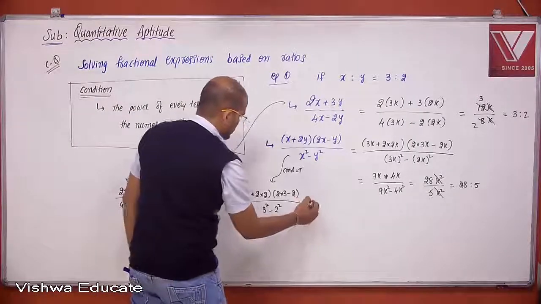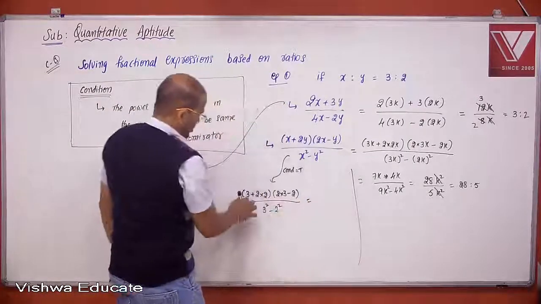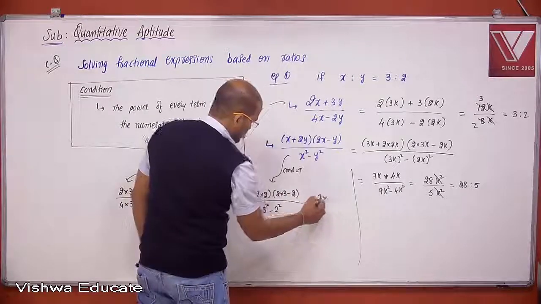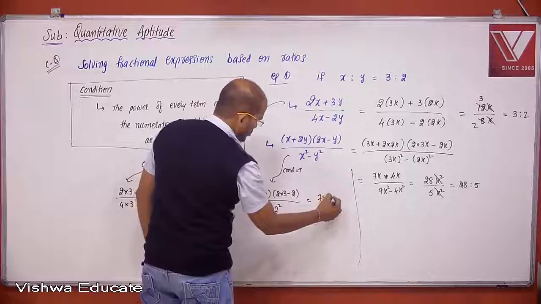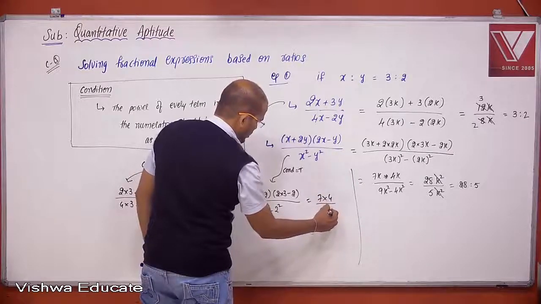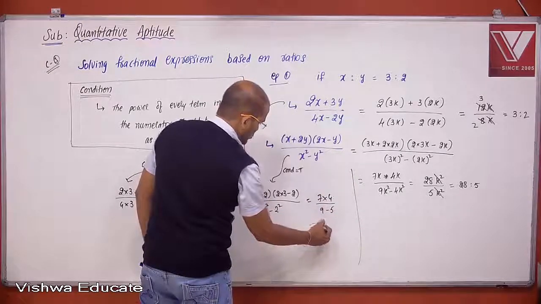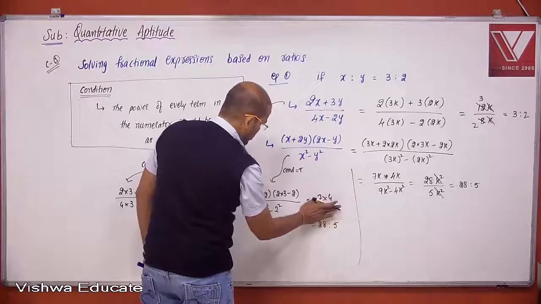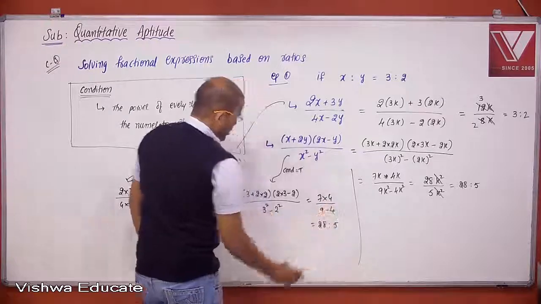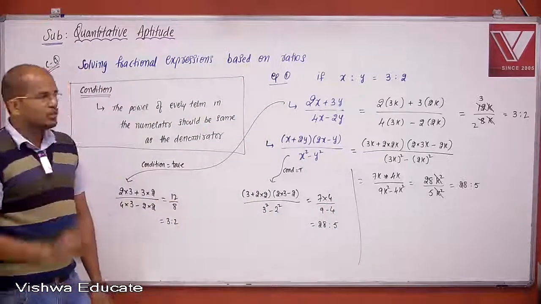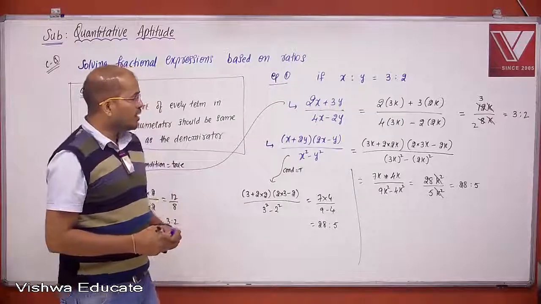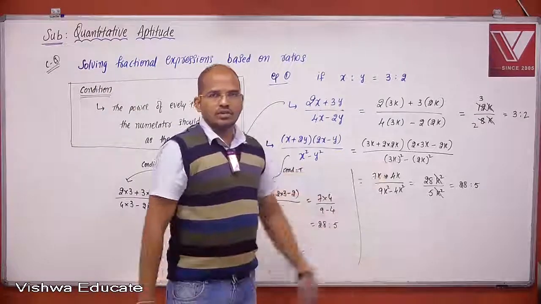So it becomes 3 plus 4, 7, 6 minus 2, 4, by 9 minus 4. This is 28 is to 5. So once the condition is true, problem solving becomes easy for us. You need not always plug in k and solve it there.